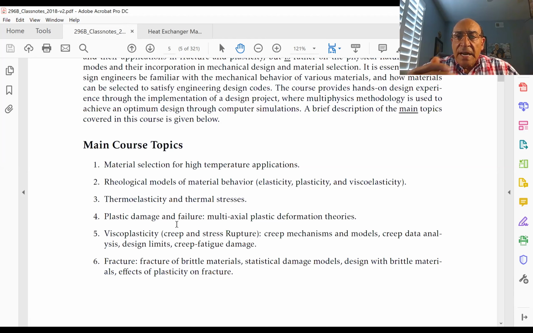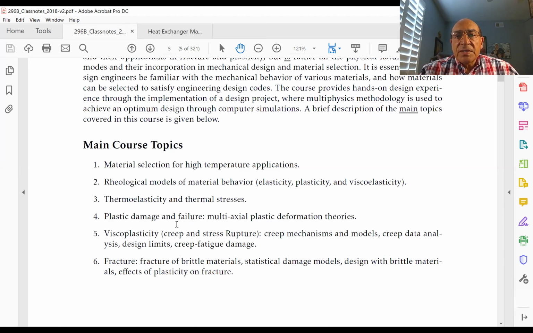The next topic is going to be plasticity. So we'll spend like a couple of weeks on plastic deformation, relationship between stress and strain, beyond the elastic limit, and using concepts like equivalent stress, von Mises stress, equivalent strain, and several models for hardening of the material, and just show how problems can be solved with this approach.